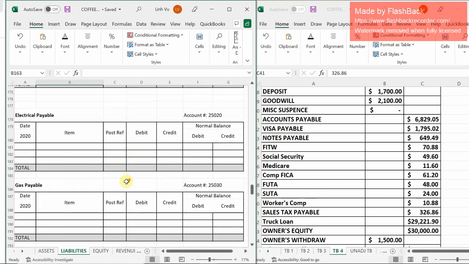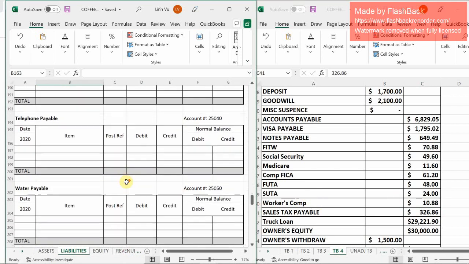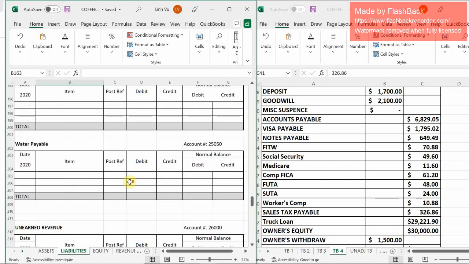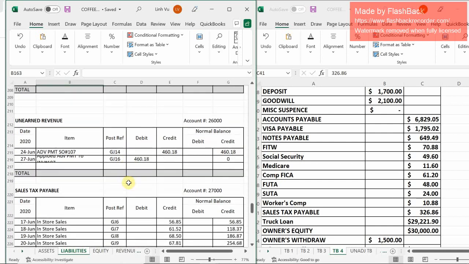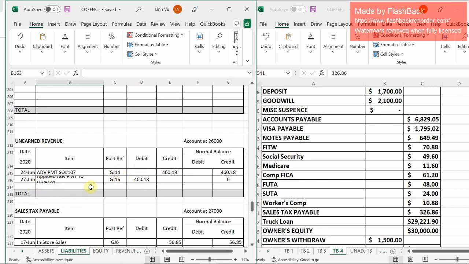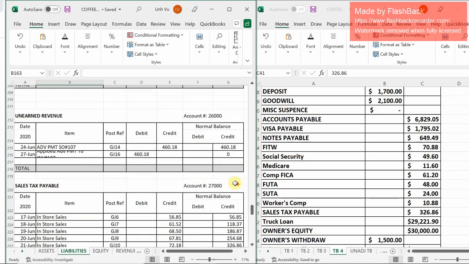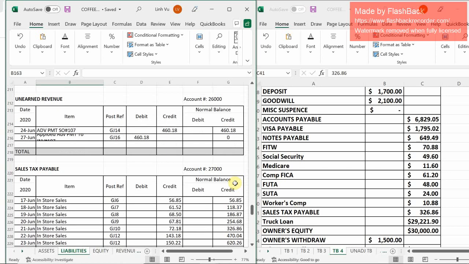Utilities payable. So no, we don't owe anybody any money there. We have unearned revenue, right? We did have unearned revenue, but at the end of the day, we ended up redeeming it. So therefore, our account balance is 0. So there's no point in adding this into our trial balance.